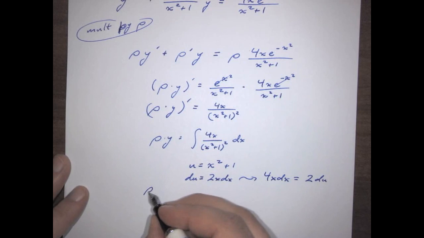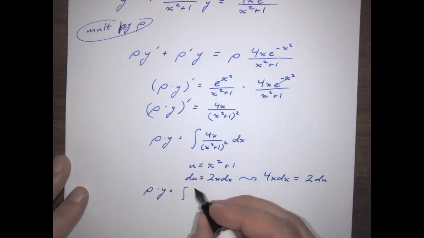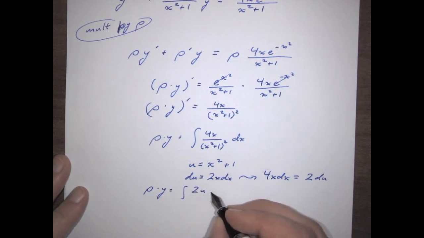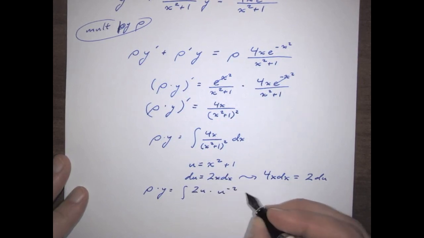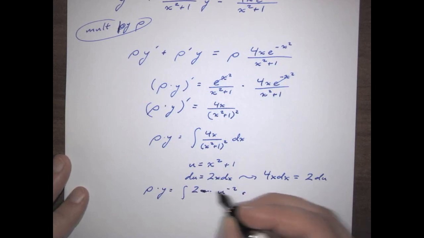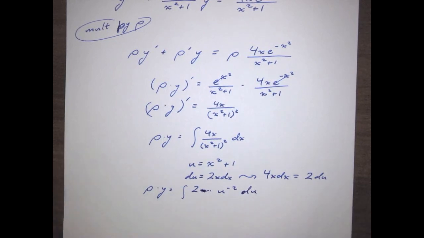So then that means that rho times y is going to be the integral 2u over u squared. So in other words, times u to the negative 2 du. I should say just 2 u to the negative 2 du.